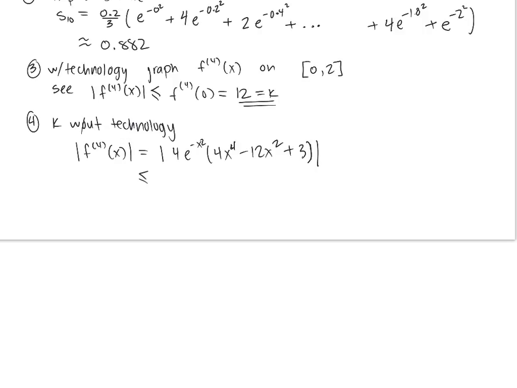So that's less than or equal to 4e to the negative x squared. Those are positive, they can come out of the absolute value bars, right? And worst case scenario, x to the fourth is positive, 12x squared is positive. So you could say this is less than or equal to 4x to the fourth plus 12x squared plus 3. You know that's true, right?